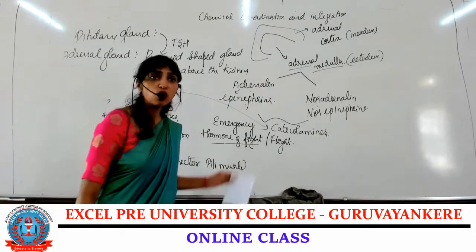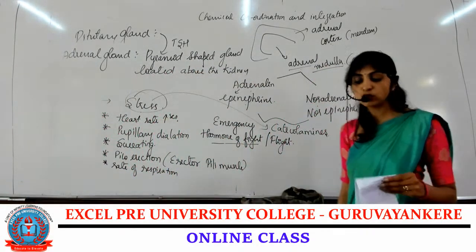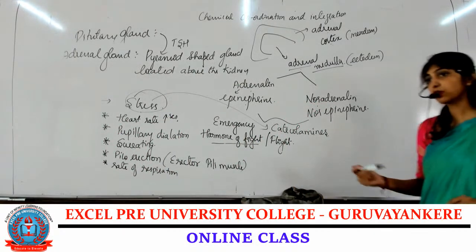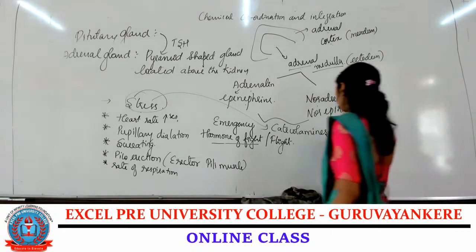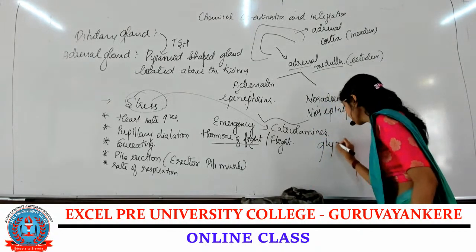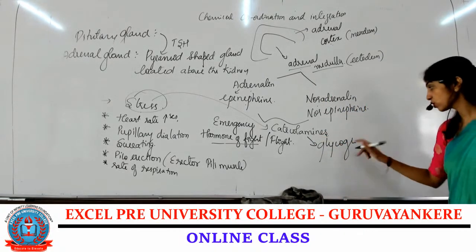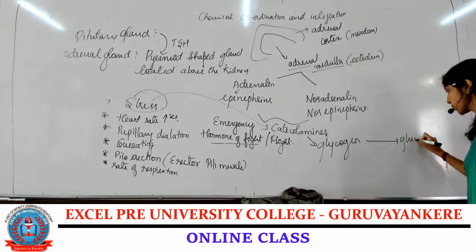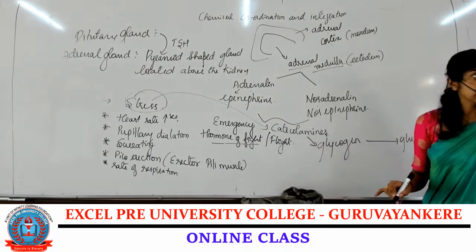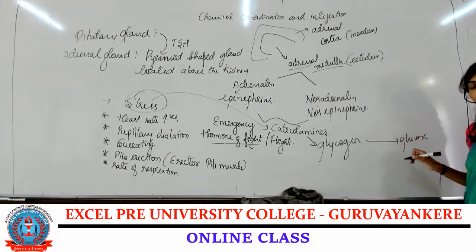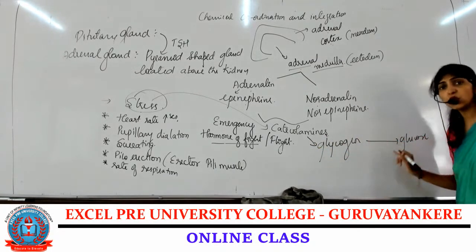Along with this, they also help in breakdown of glycogen into glucose. Generally it is done by which hormone? Glucagon. Mainly glucagon breaks glycogen into glucose. These catecholamines also help in the conversion of glycogen into glucose.